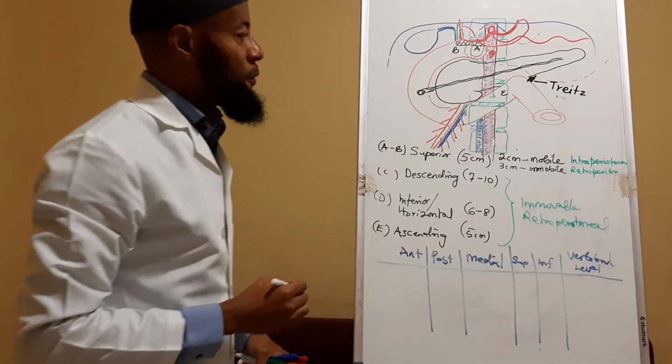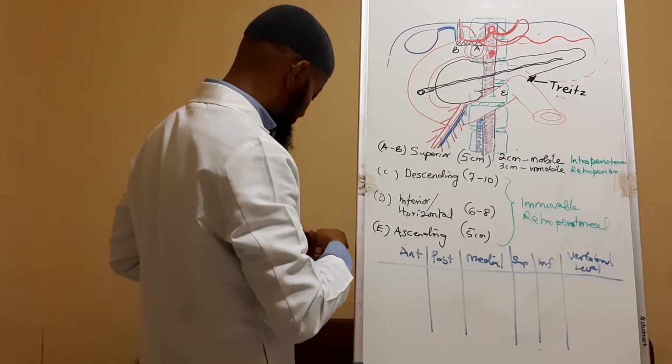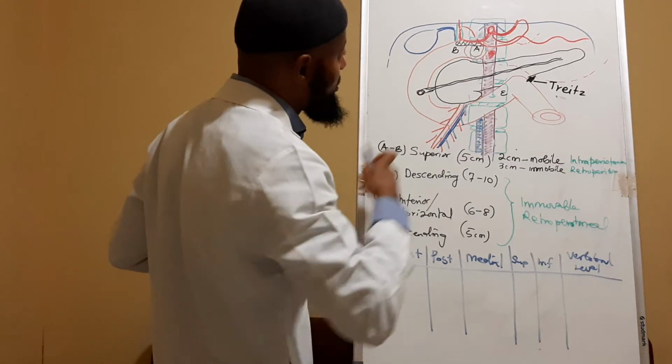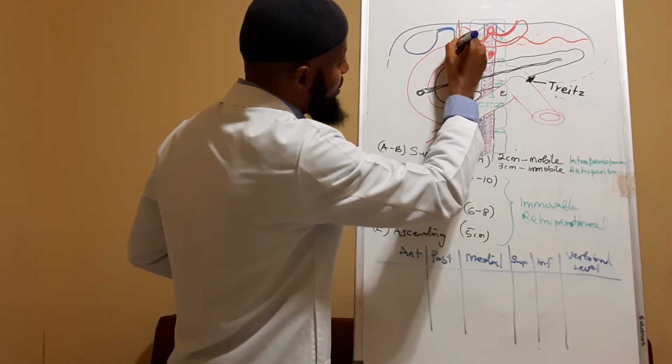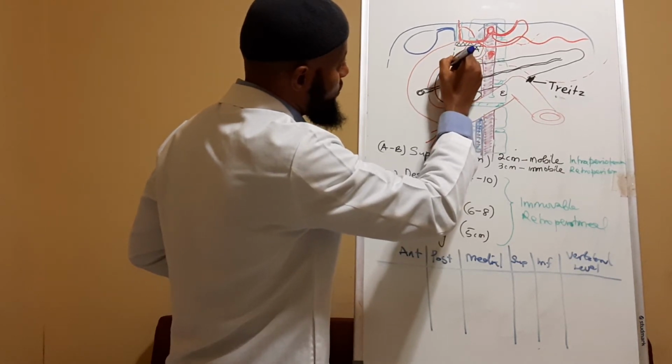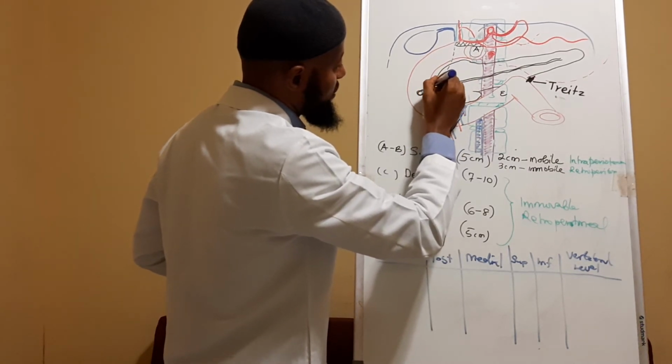All right, good. And then this extends all the way down. I want you all to pay attention to this. This is very interesting. So this descends all the way down, and then unites with this. Okay?